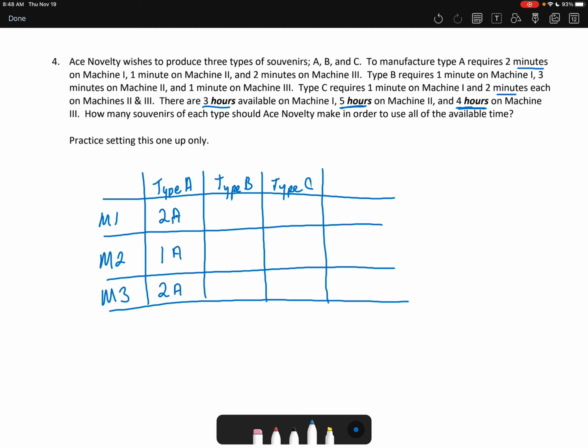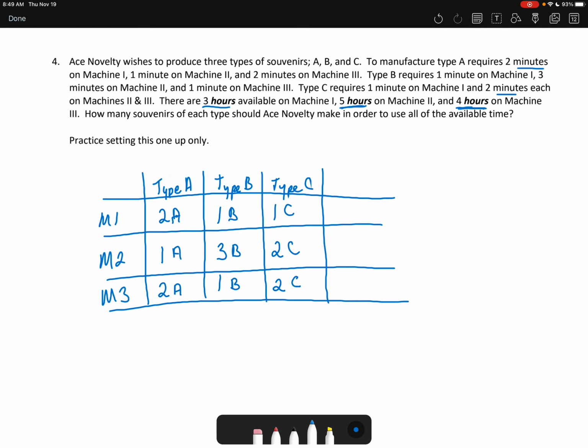Type B requires 1 minute on machine 1, so a 1 in this next box. 3 minutes on machine 2, and 1 minute on machine 3. And all of those are going to get B's with them because they are in the B column. Type C requires 1 minute on machine 1 and 2 minutes each on machines 2 and 3.